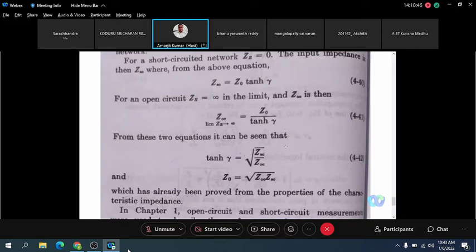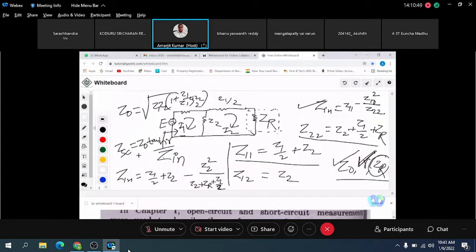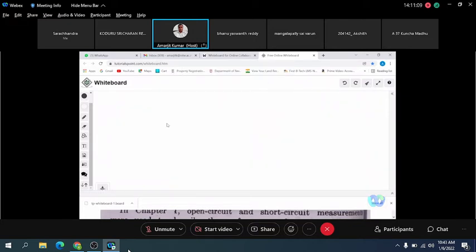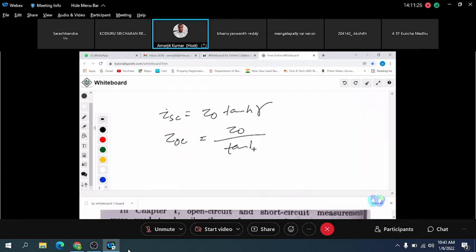So now do one thing. ZSC is here, tan hyperbolic gamma, and ZOC also right here. Basically, we should save this. Okay, so I will erase it. So ZSC is equal to Z0 tan hyperbolic gamma, and ZOC is equal to Z0 by tan hyperbolic gamma.